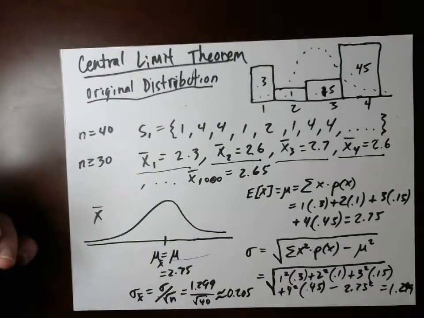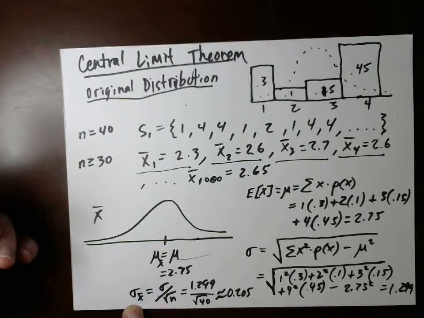So what we notice once again is that the standard error, representing the standard deviation of the sampling distribution, is equivalent to 0.205, which is smaller than 1.299, for the same reason as mentioned before. It decreases in size as n increases.